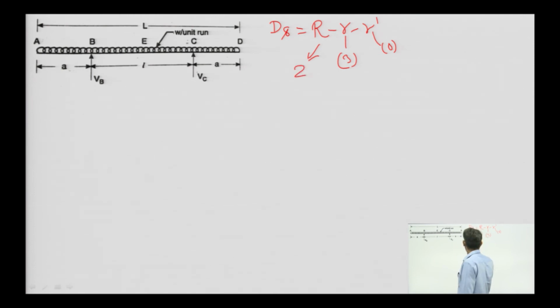I told you that in case of a horizontal beam, normally horizontal reactions are eliminated, that is why the allowable equilibrium equations are only 2 here. The unknowns are 2, therefore 2 minus 2 is equal to 0. So, it is statically determinate.